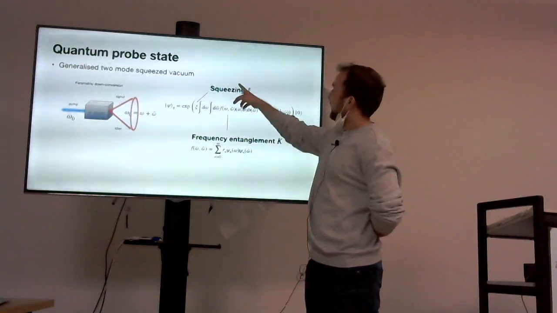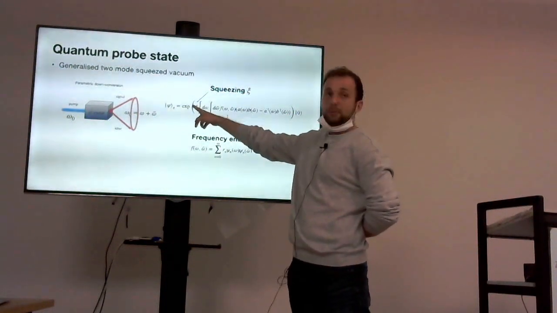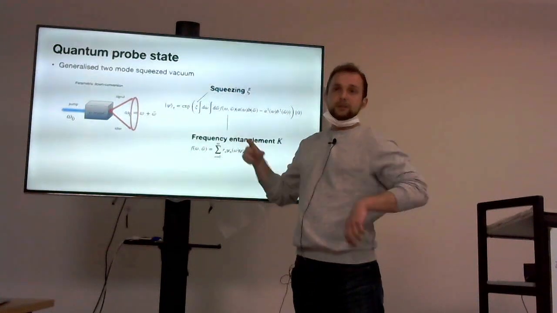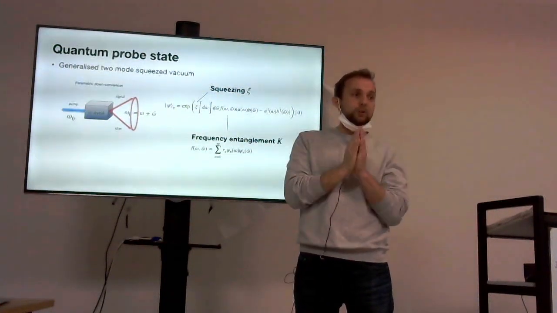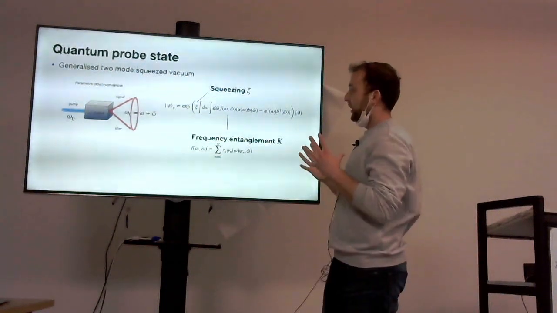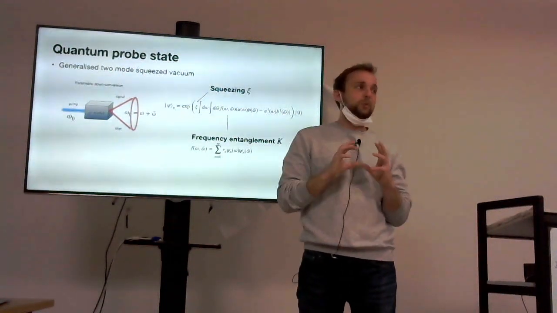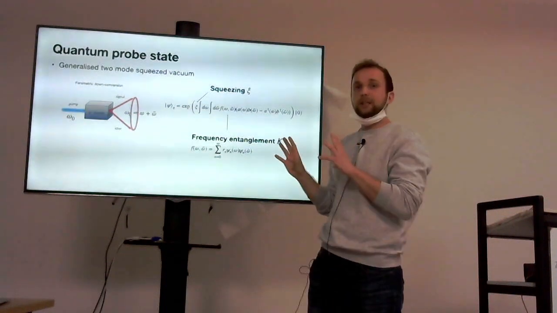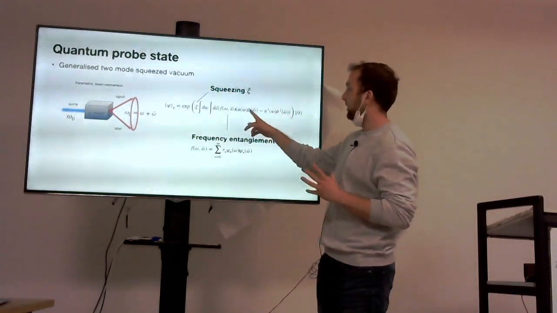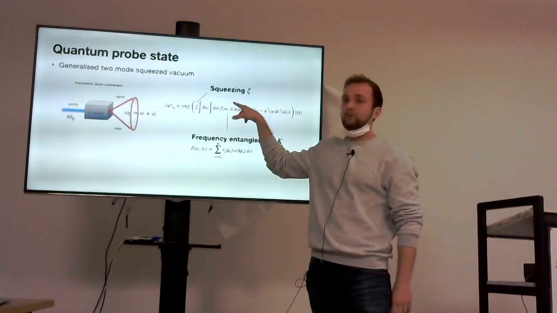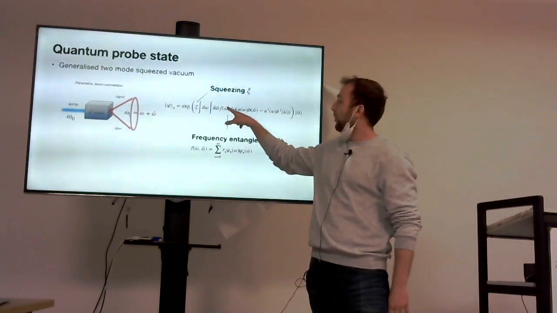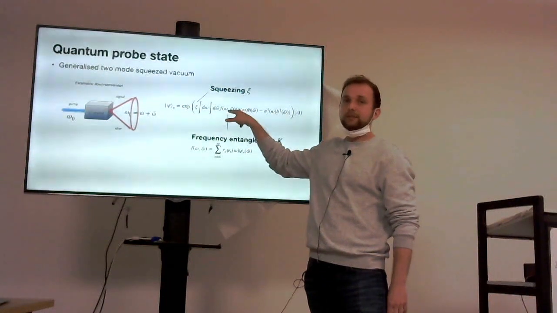Here we see the squeezing parameter, which is one of the resources of our quantum state. Then we have the frequency entanglement, which we cannot see directly how big it is, but it is contained in this function f of omega, omega tilde.